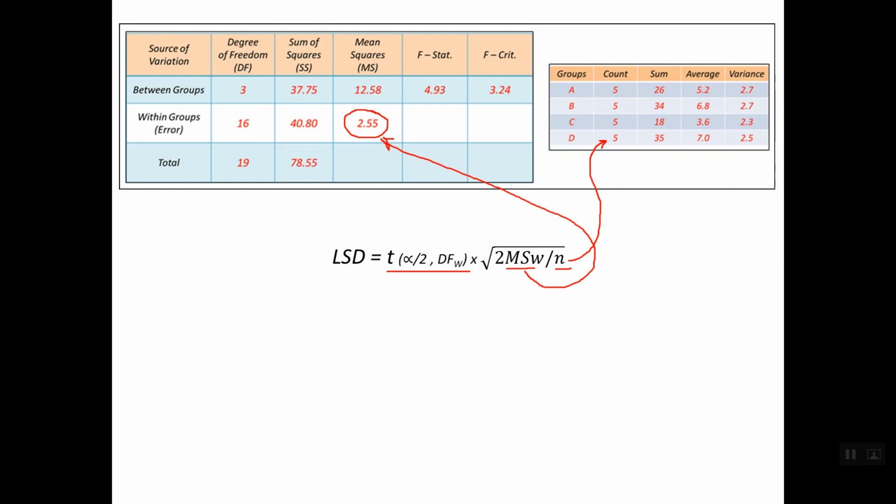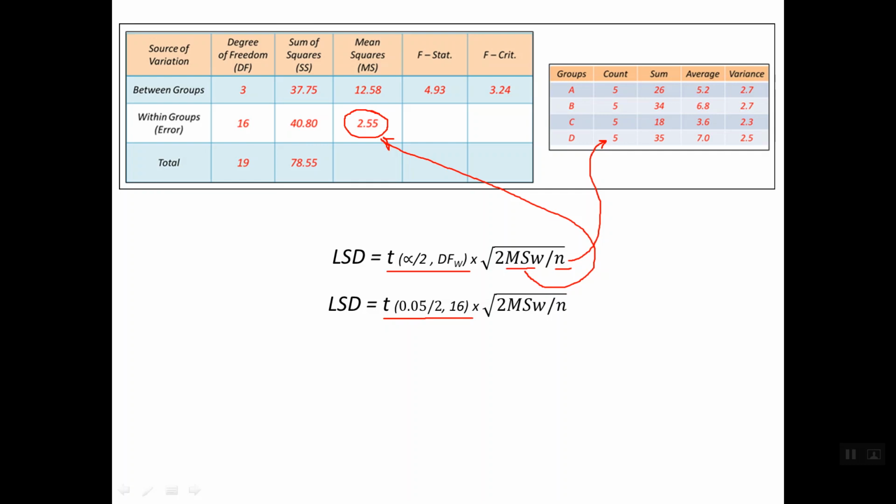So the rest, in order to get the value for LSD, is to get the value of t from the t distribution. As noted from the question, the significance level alpha is equal to 0.05. So we need to calculate the value of t for significance level 0.05 divided by 2 and degrees of freedom within, which is equal to 16.